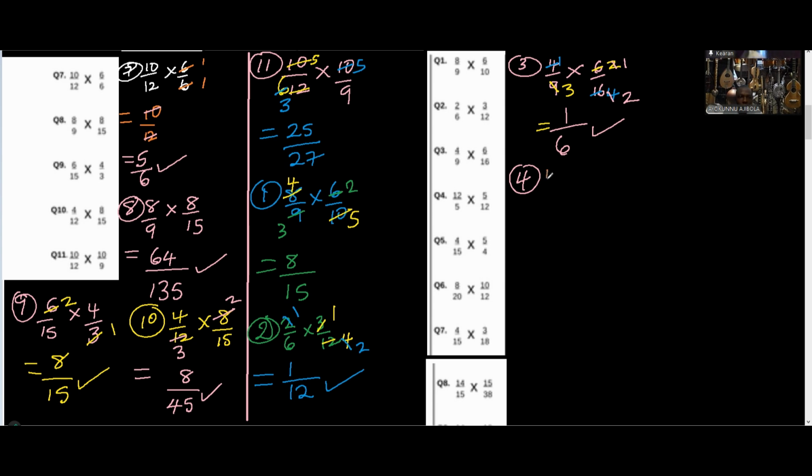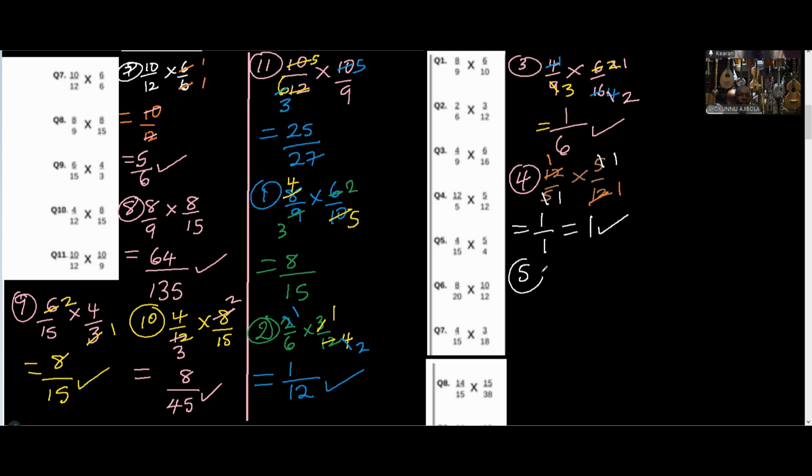Then number 4. For number 4, I have 12 over 5, which is improper, times 5 over 12. Since these are inverses, it's going to give us 1, because 12 by 12 is 1, and 5 by 5 is 1. So everything is 1 over 1, which is 1.